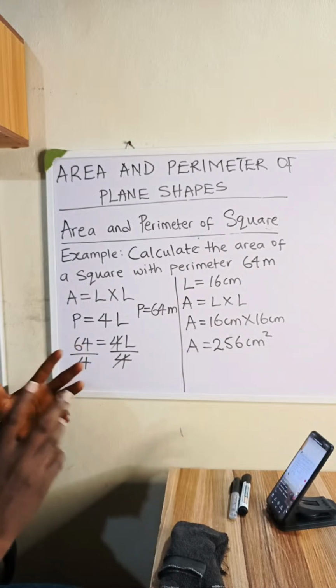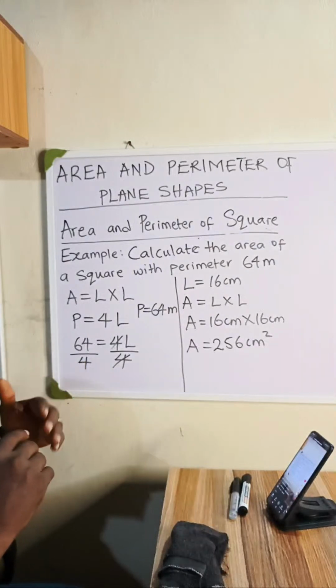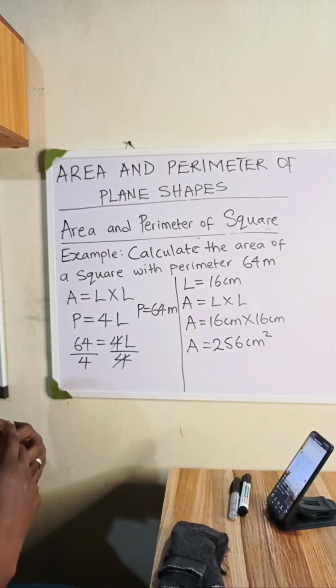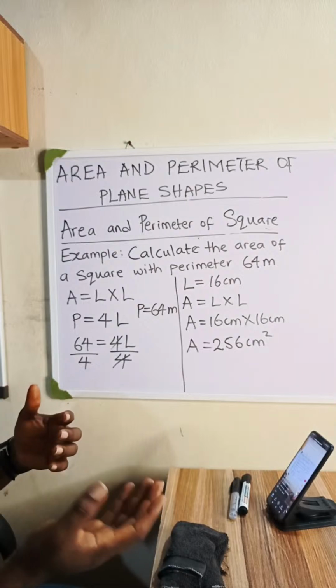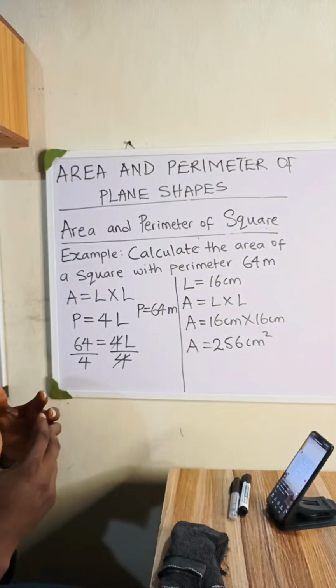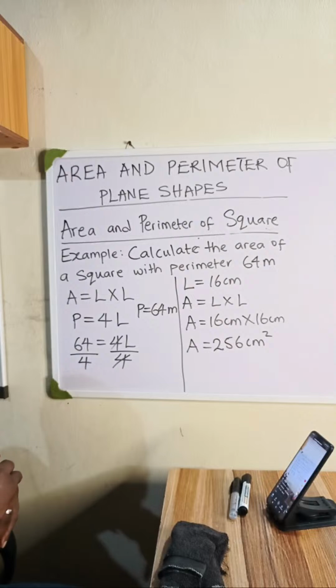So from what we've learned today, you can see that it's easy to find the area of a rectangle and the area of a square. We've also seen that you can find the area of the rectangle when you are given the perimeter and one side. You can also find the perimeter when you are given the area and one side of the rectangle.